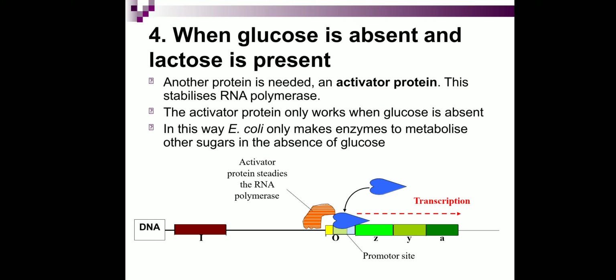Another protein is needed, the activator protein. This stabilizes RNA polymerase. The activator protein only works when glucose is absent. In this way, E. coli only makes enzymes to metabolize other sugars in the absence of glucose.